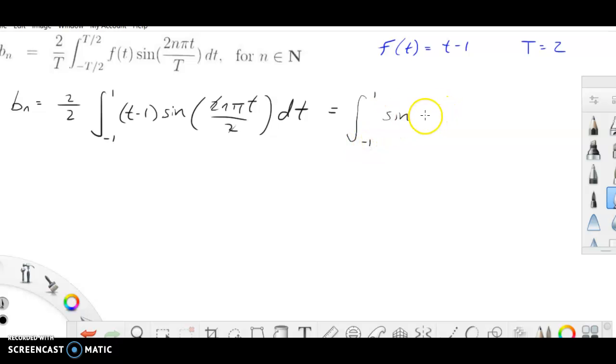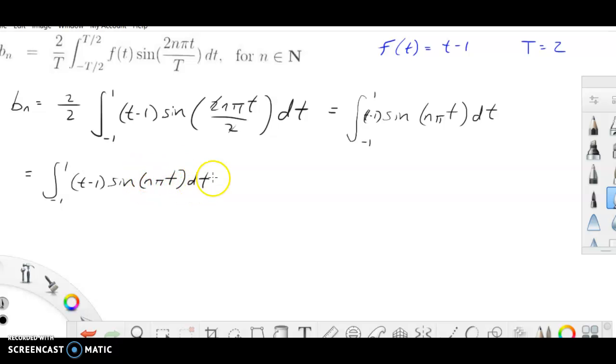sine of n pi t dt. And that's not right actually, because I'm supposed to have t minus 1 in front of that, right? So just write it out a bit clearer. So we have 1 minus 1 t minus 1 of sine n pi t dt.